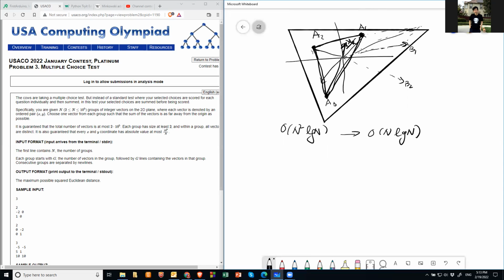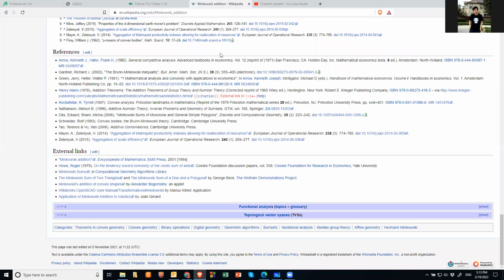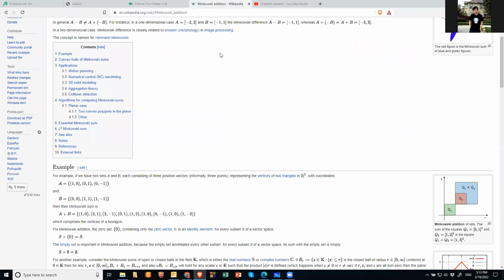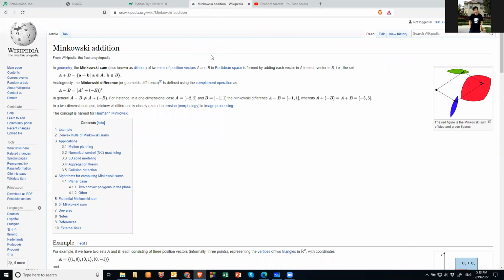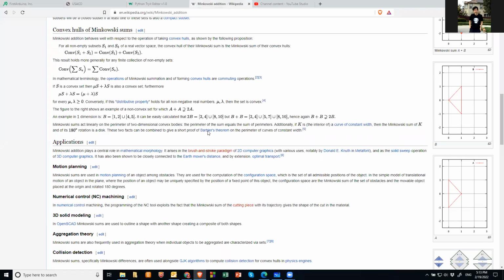There is actually a math result. This is actually a math problem. If you don't know this, I don't think you can figure it out easily. This is called Minkowski addition.